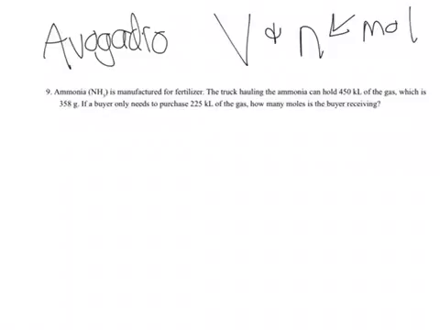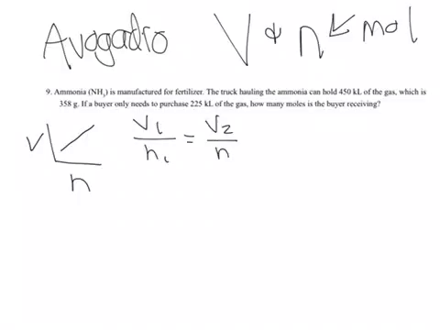So, how are they related? Well, it is a direct relationship, because if you increase the number of moles that are present, you will also increase the volume of the gas. So it is a direct relationship. V1 over N1 equals V2 over N2.